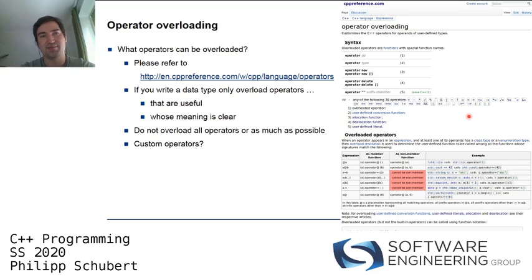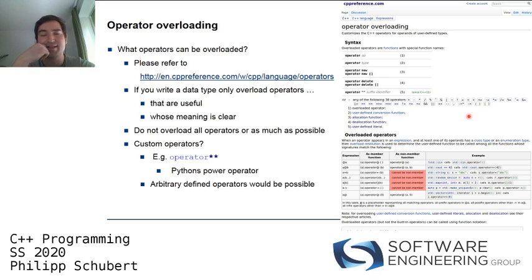How about custom operators? Like in Python, for instance, there's this times times operator, which implements the power function. So the power operator. This of course would also be possible in C++. It's no problem at all to allow for custom operators.